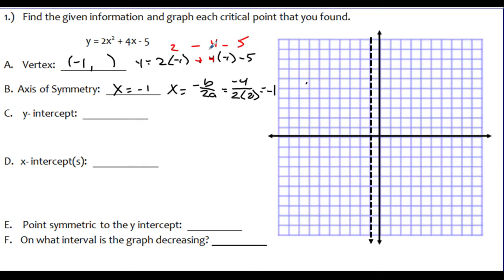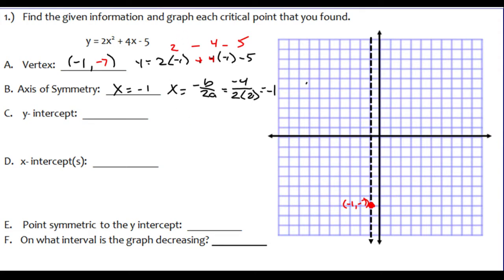So 2 minus 4 is negative 2, and negative 2 minus 5 is negative 7. So when I plugged in negative 1, I got negative 7 back, which means I can go over to negative 1, down to negative 7, and that is my vertex. I'm going to label it on the graph as the point negative 1, negative 7.